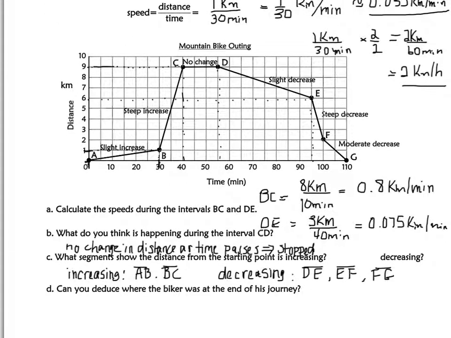And the next question asks you, can you deduce where the biker was at the end of his journey? At the end of his journey, if you look at point G, the kilometers are back to 0 again.